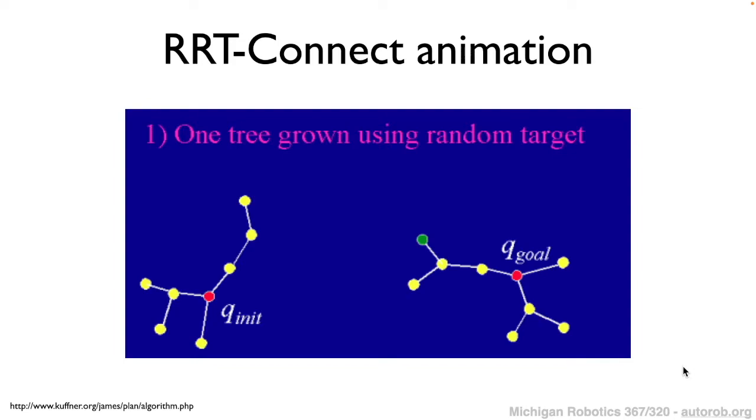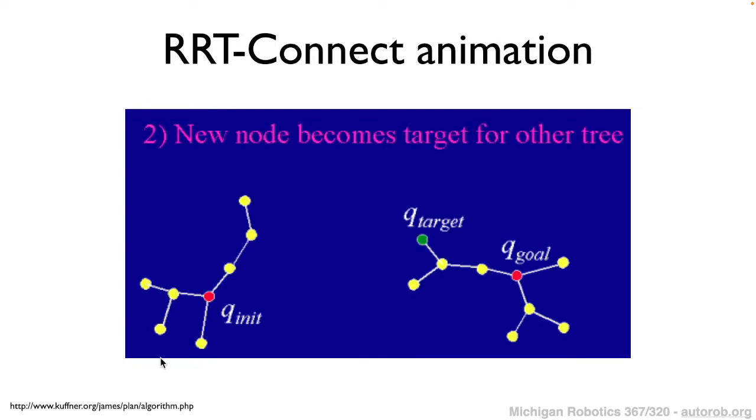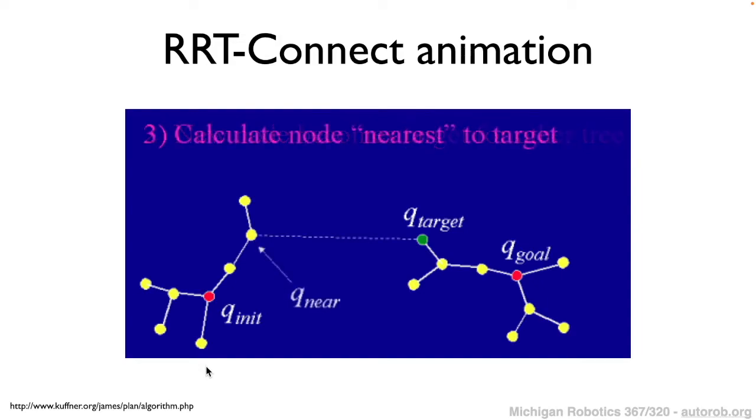And that new configuration, since there's no collision in this case, becomes the target for our extension of the other tree. So the other tree now is going to try to extend along a straight line path in configuration space from the nearest point in its tree to this new configuration point in the tree T sub A.